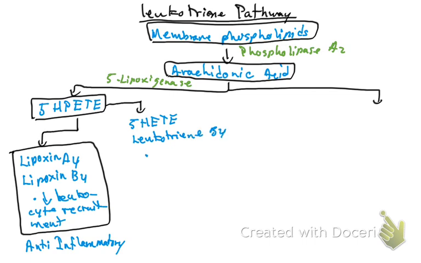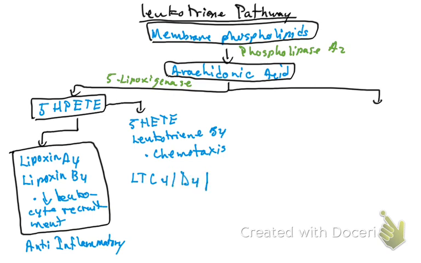The function of this one is chemotaxis, so it's going to call in cells. This leukotriene B4 is chemotactic. And then the other that we have here is leukotriene C4, D4, and E4.